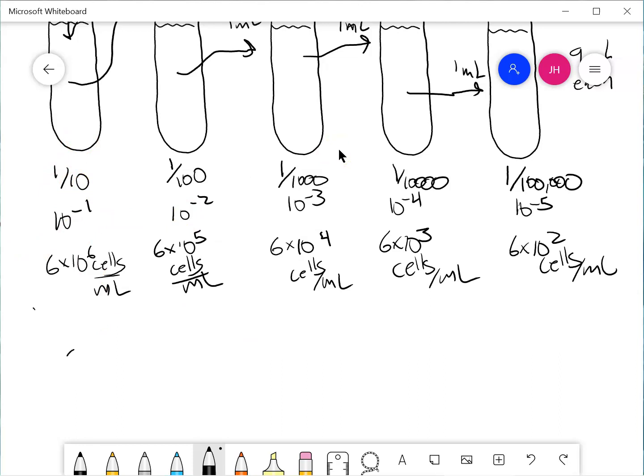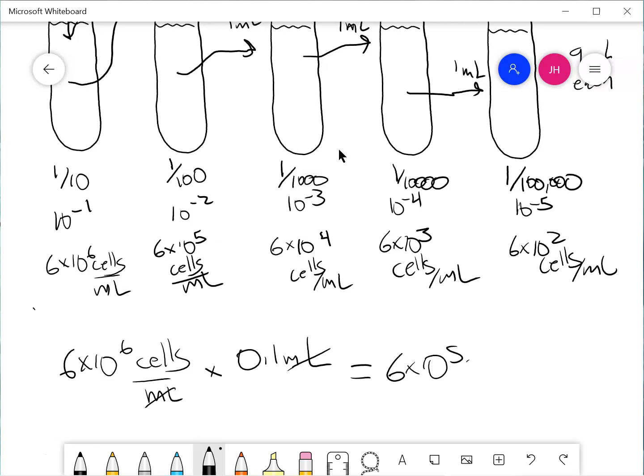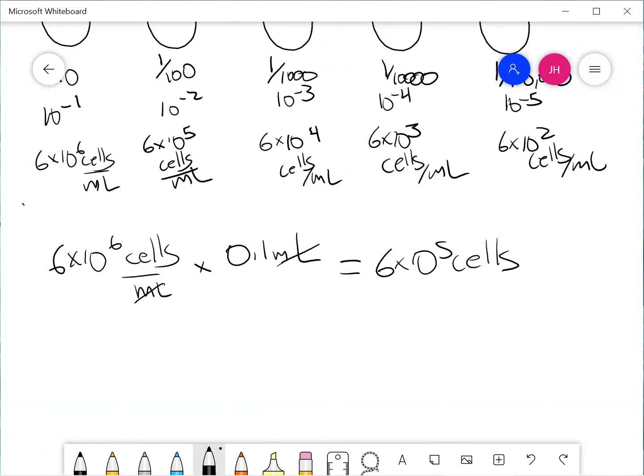So if we take 6 times 10 to the 6th cells per milliliter, and we put 0.1 milliliters onto a petri dish, we can cancel milliliters, and that's going to give us 6 times 10 to the 5th cells, and that would be 6 times 10 to the 5th colonies on a petri dish. So ideally, each cell makes one colony. And 6 times 10 to the 5th is 600,000.